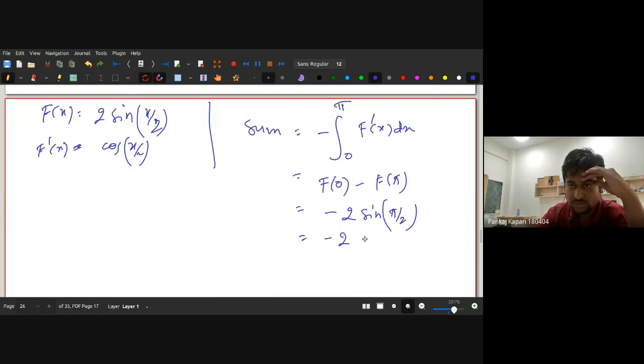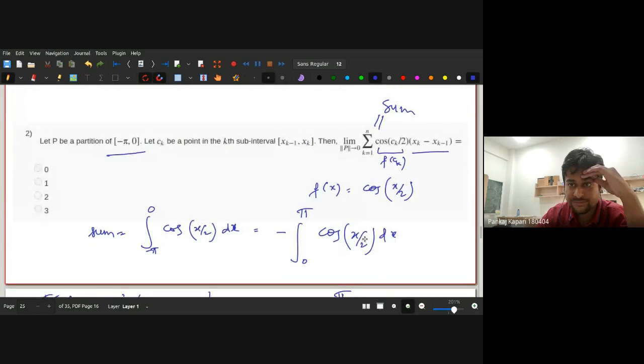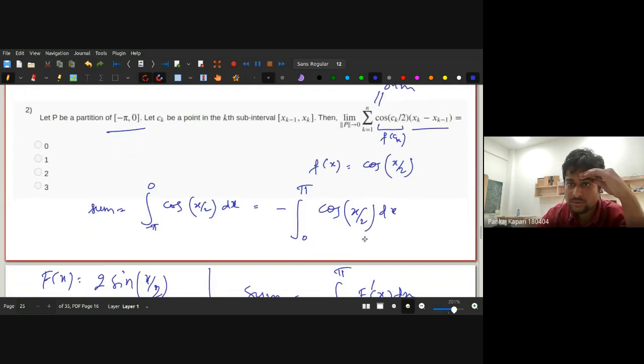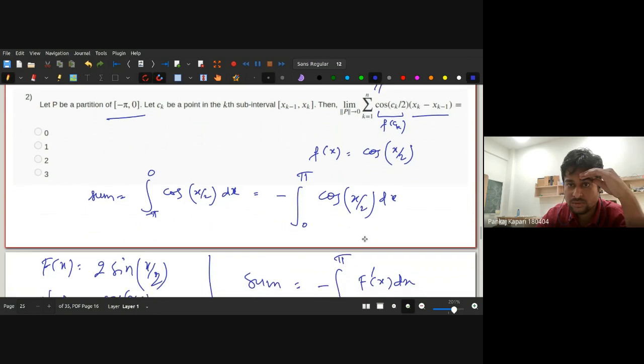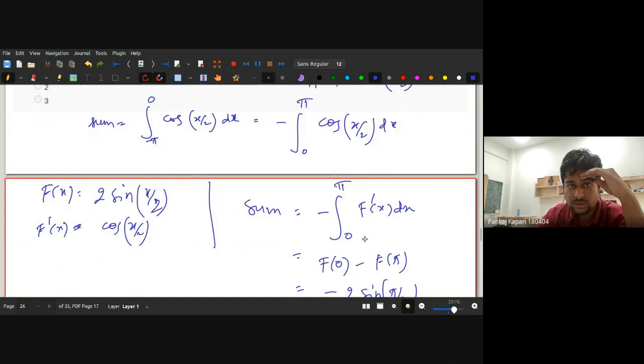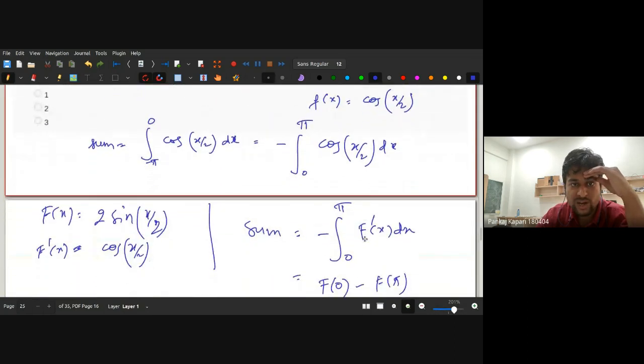Okay, so there is no minus option here. That's the problem: it's minus pi to 0, and I have written 0 to pi. There was no need to write like this.